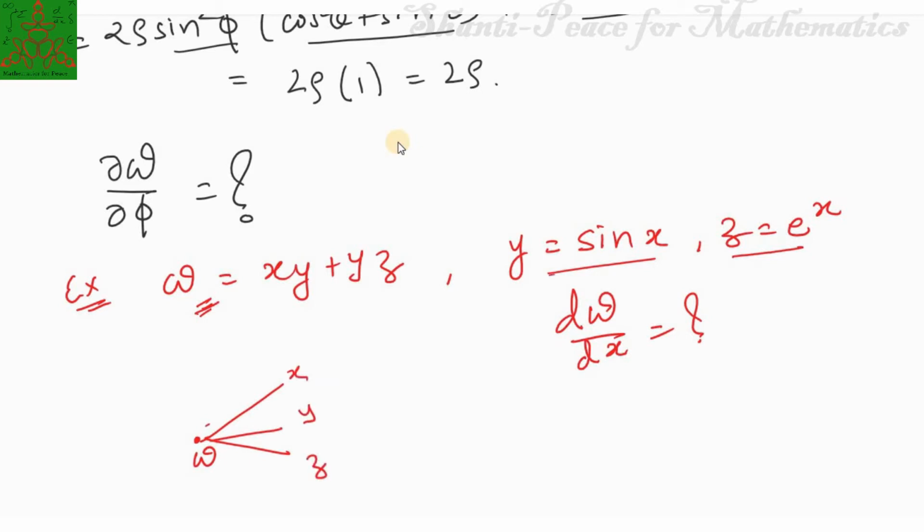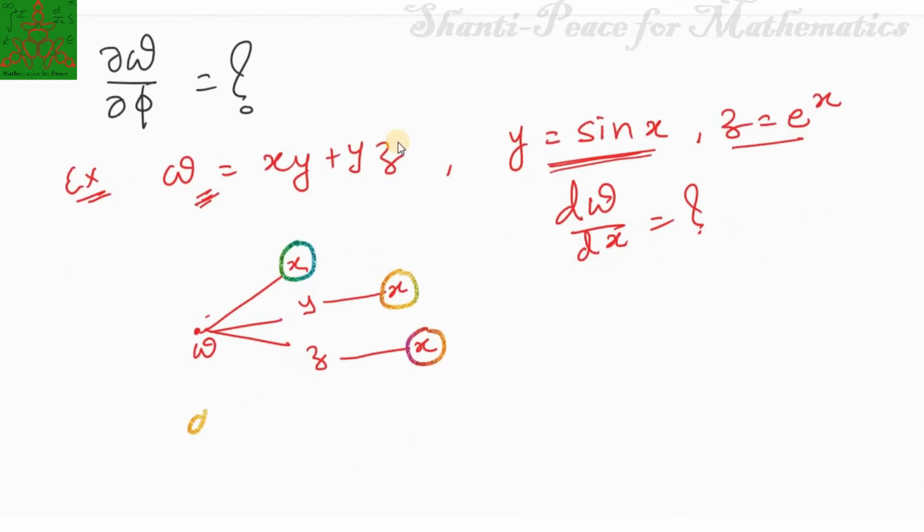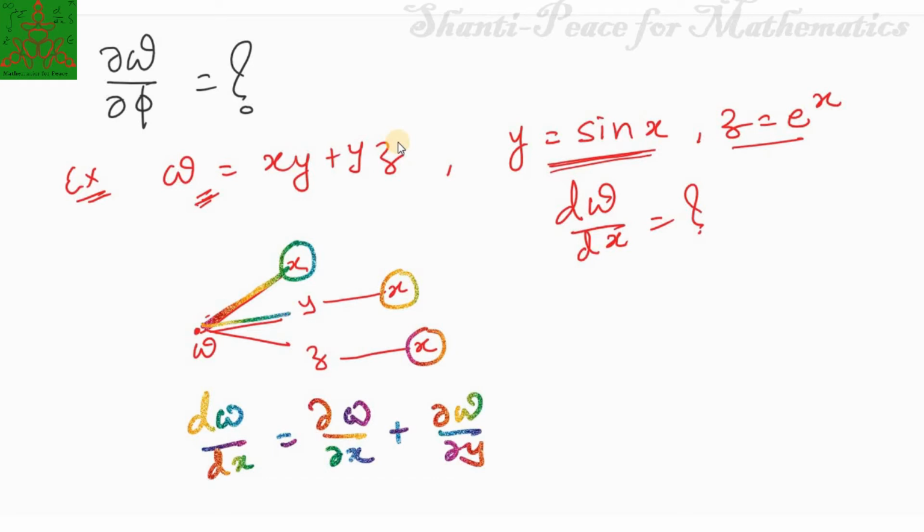You note that y is a function of x variable and z is also a function of x variable, and x appears at 3 places, so you'll have 3 terms here, and you may write dw upon dx as del w upon del x, because there is no other path towards this, so only we'll have this, plus del w upon del y, so we are moving along this path.